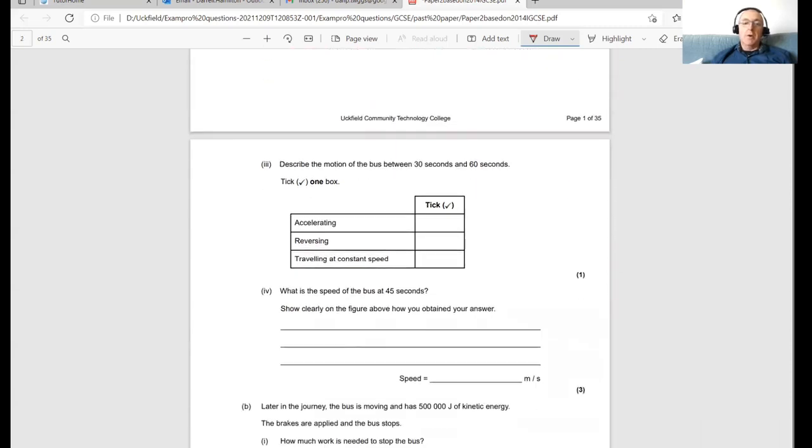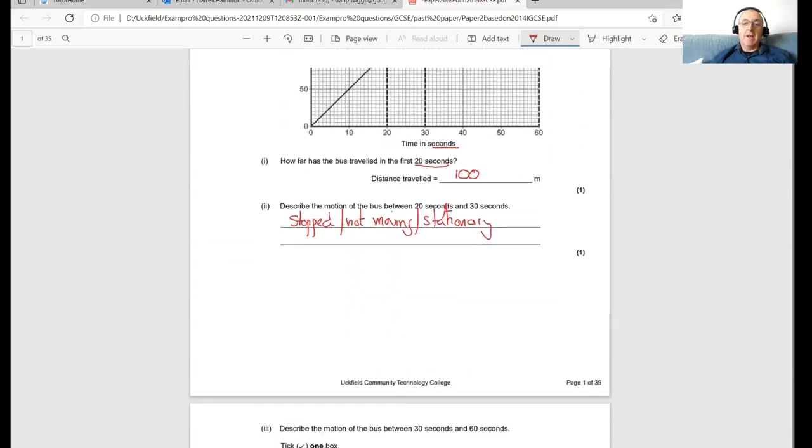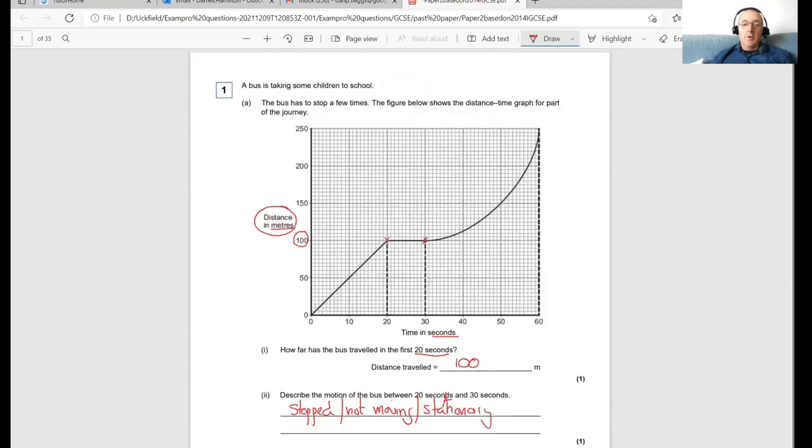Describe the motion of the bus between 30 and 60 seconds. Well, we can see that the distance is increasing between 30 and 60 seconds. At 40 seconds, it's here. And that's, let's see, 1, 2, 3, 4, 5, 6, 7, 8, 9, 10 small squares.